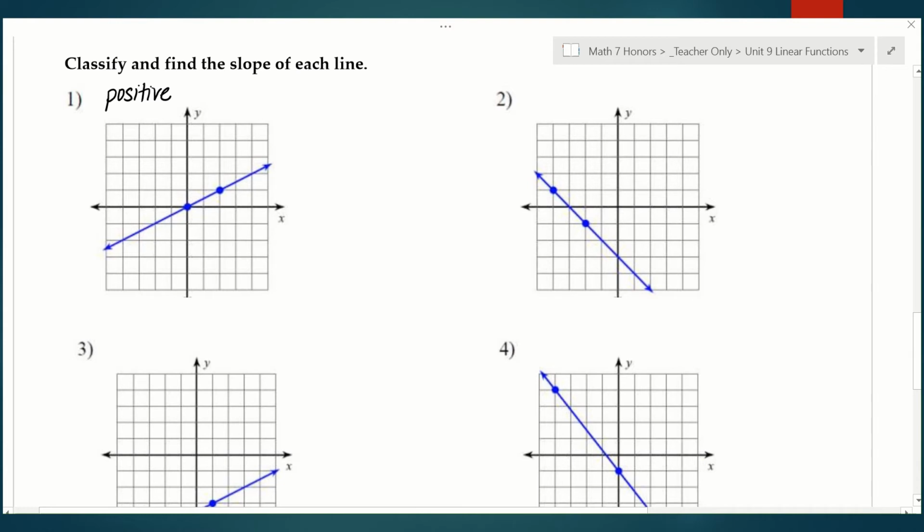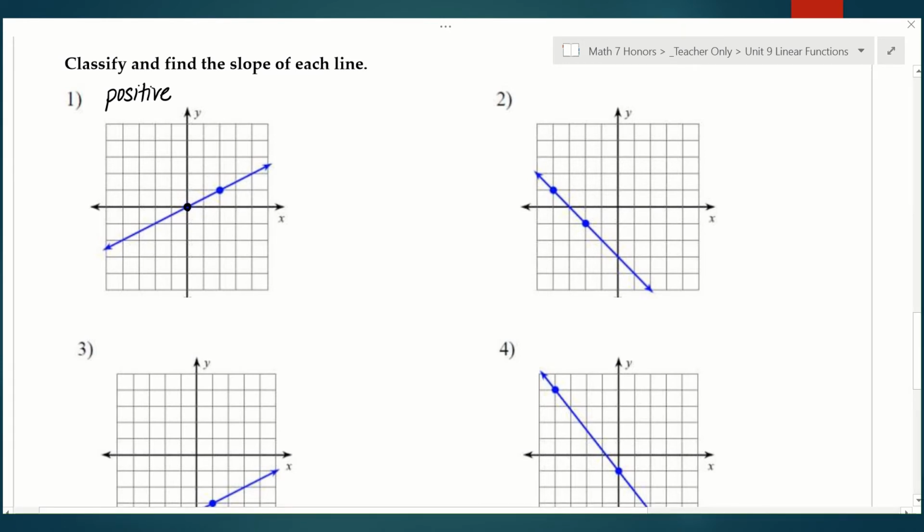Okay, so to find the slope, you have to have 2 points on the line. Sometimes they'll be drawn in for you. Sometimes you'll have to find 2 nice points, okay, but you need 2 points. And what we do is we start at the left point. So I'm just going to kind of, this point right there. And I need to count how do I get to the next point. So I'm using my rise over run to do that.